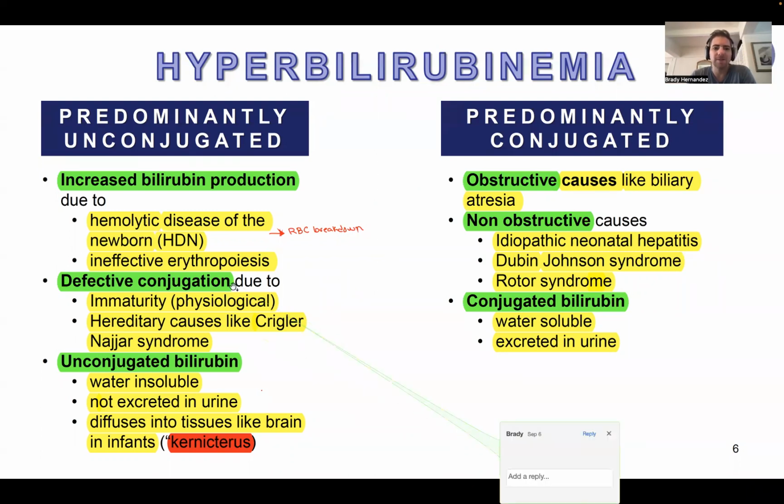And then if there's defective conjugation, that's a problem intrinsically in the liver. I don't assume kids really get gallbladder stones, so I don't know that you'd worry too much about post-hepatic jaundice. But remember, if you can't conjugate the bilirubin, you can end up with kernicterus, those deposits in the brain.